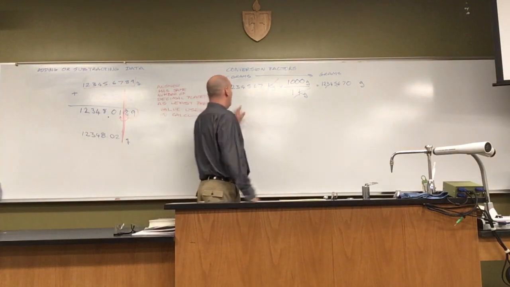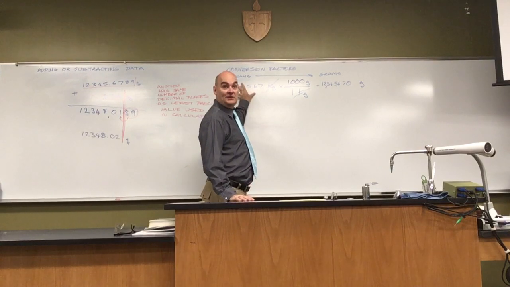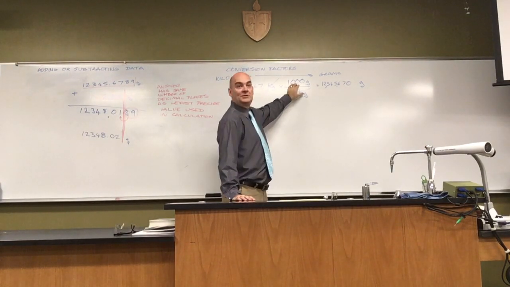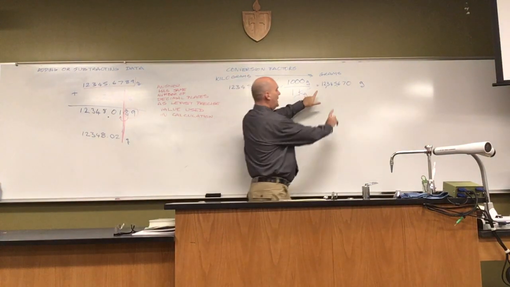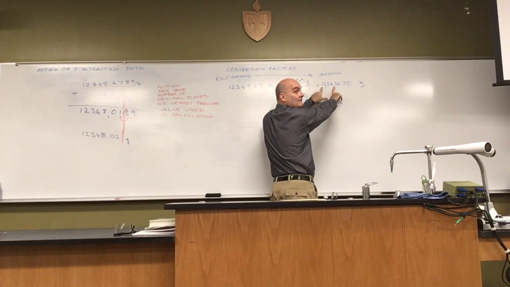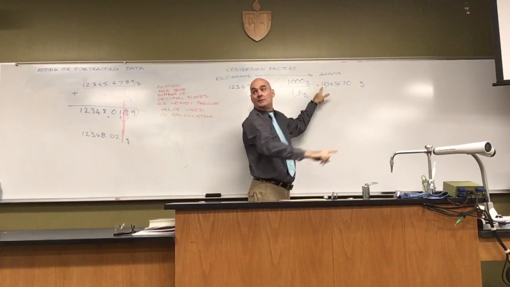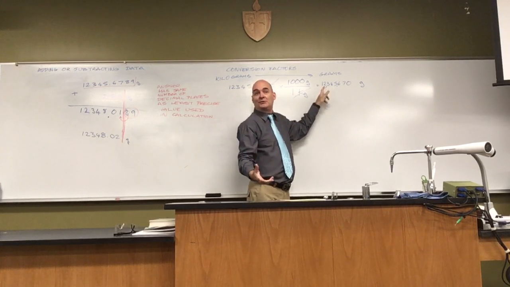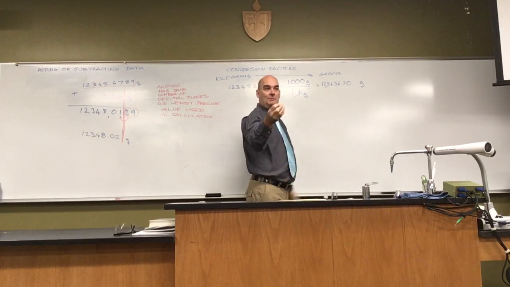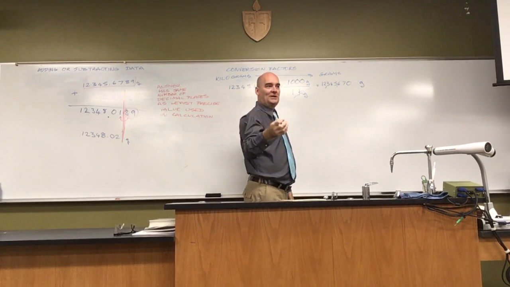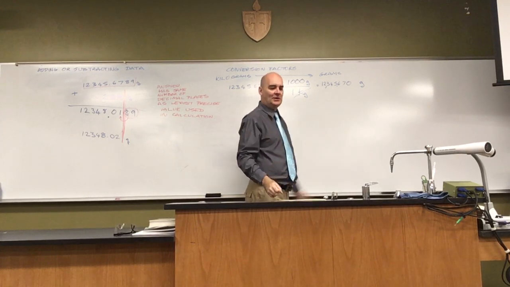If I said this has 7 digits, and that has 4 digits, should I limit myself to the first 4 numbers right here? No, that's just what we set ourselves up to do just a few minutes ago. If you're multiplying 2 numbers, the number with the smallest significant figures carries over into the answer.